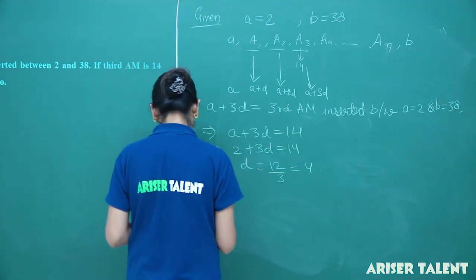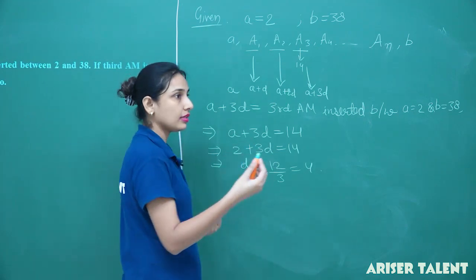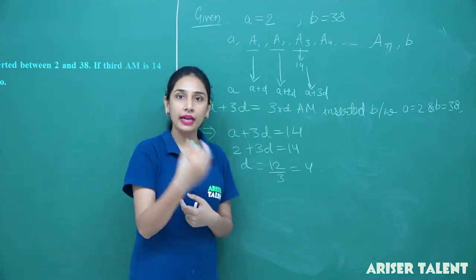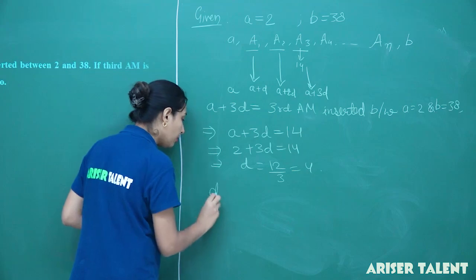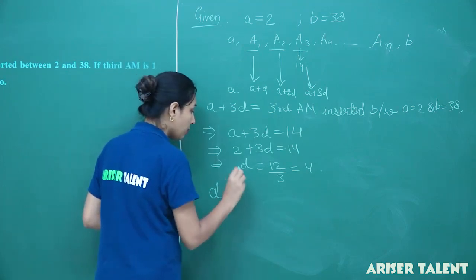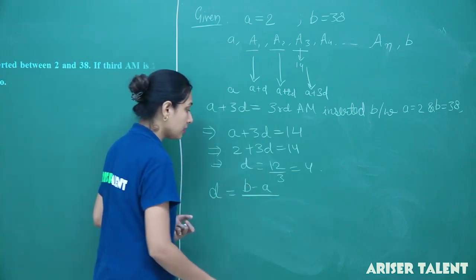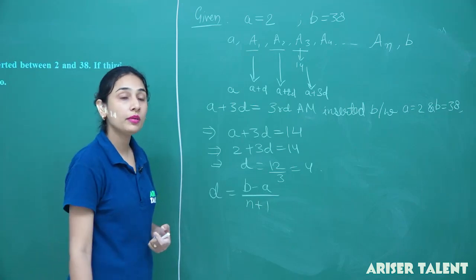Now we have a formula. If we have a series and between A and B we have n terms, then the common difference D equals B minus A upon n plus 1, where B is your last term, A is your first term, and n is the number of terms.